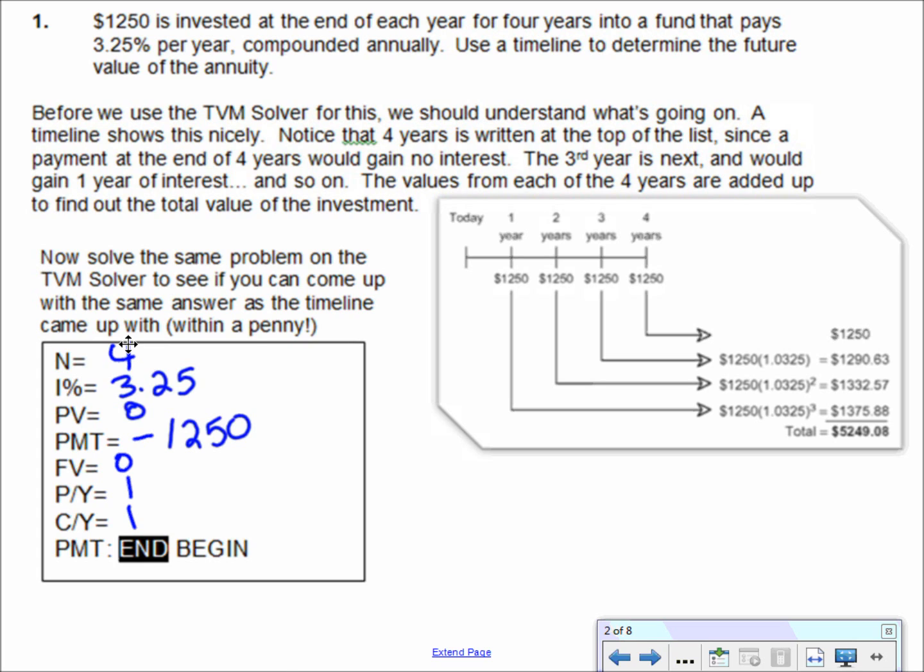This is 7 cents, but that's just because our decimal is more exact. So future value is $5,249.07 in this case. So if you come to future value, you highlight it, and then hit alpha, enter.